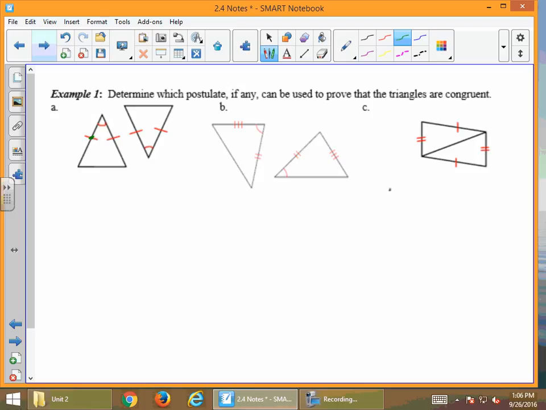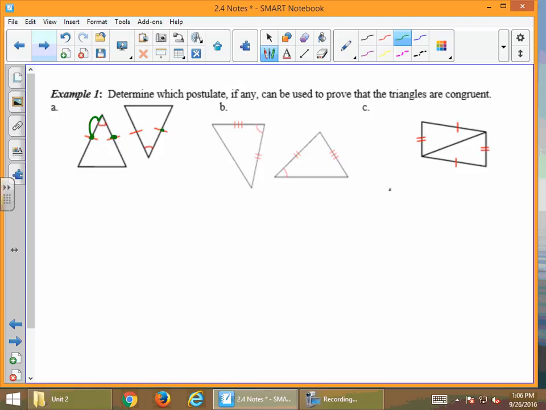If you notice, we went from a side to an angle. Then we keep going, we move to another side. Okay? We went from one tick mark to an arc to another tick mark. We would then have to go to our other triangle and follow that same exact pattern. Right?